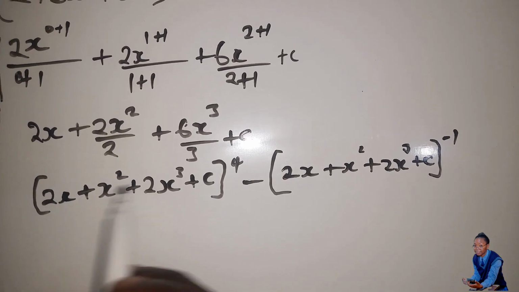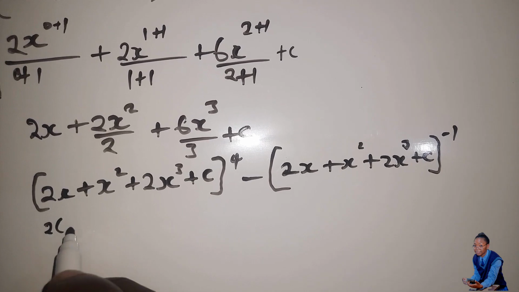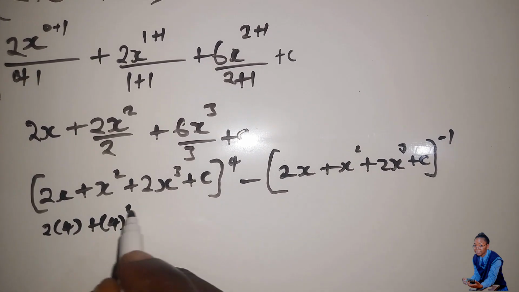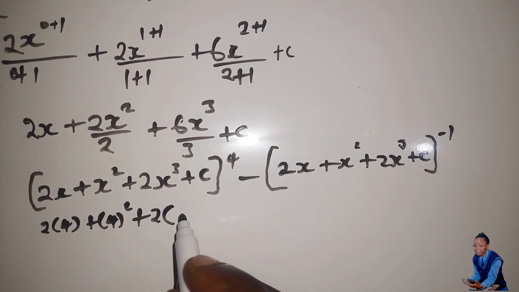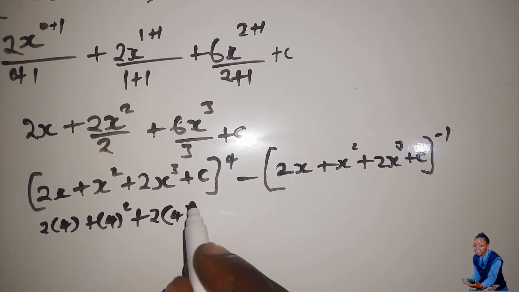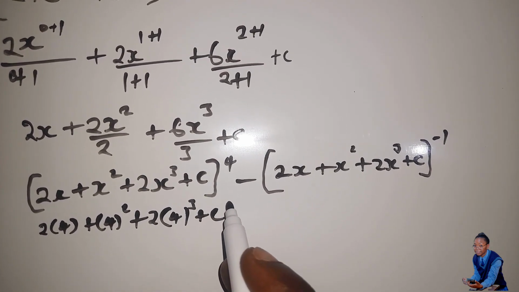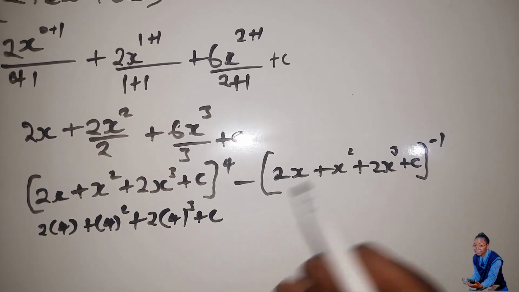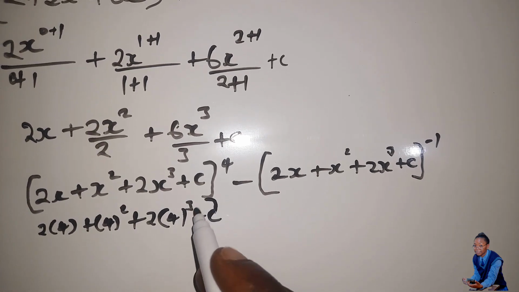Wherever there is x, we substitute +4. So this will be 2 times 4 plus 4 squared plus 2 times 4 to the power 3 plus c. Since there's a minus, this c and the other c will cancel, so let's forget about this c.